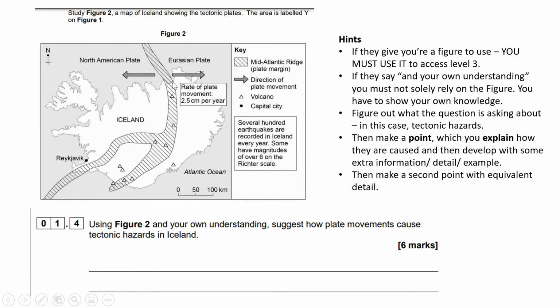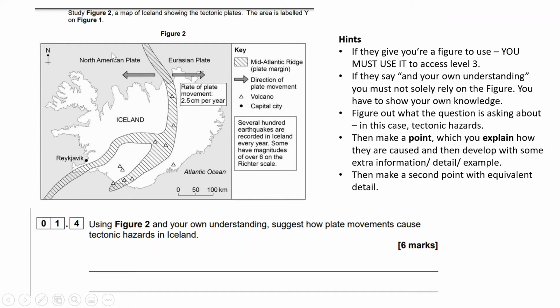Now actually, we can talk about the direction of plate movement. That's important because it asks, but what this figure does not tell us is why are those plates moving in those directions? What is happening underneath the crust, beneath this margin? That is your own understanding. By telling them how these plates are being moved, you are introducing your own knowledge and understanding.